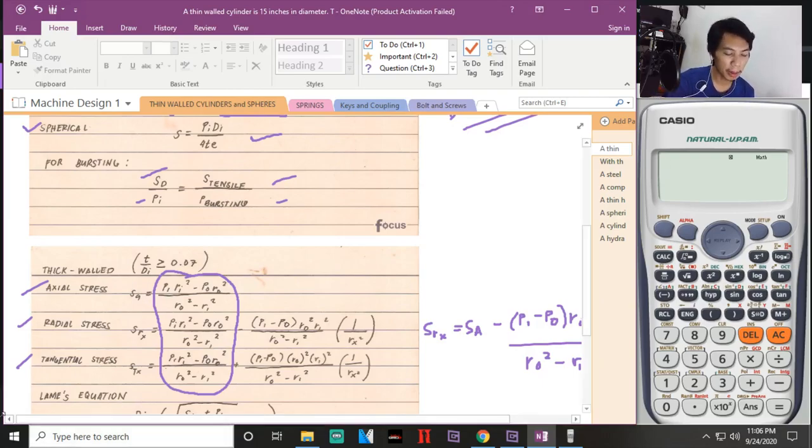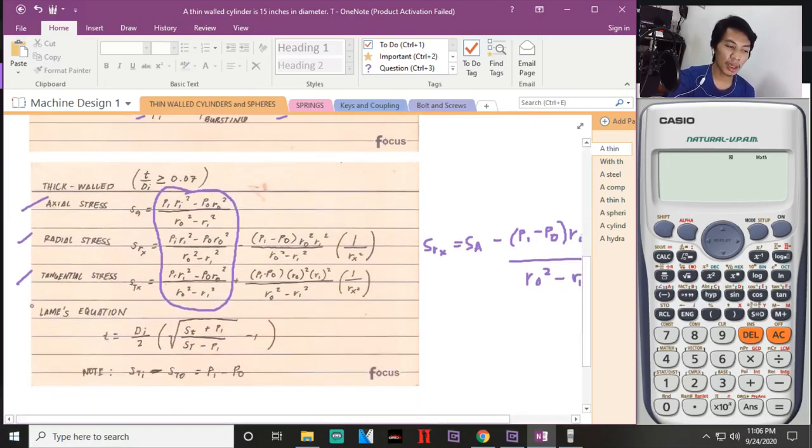Okay ba? Ganun tayo. Now, introduce natin yung Lame's equation. When you want to know the thickness of the plate, okay, given yung stresses, all you have to do is to use this equation.